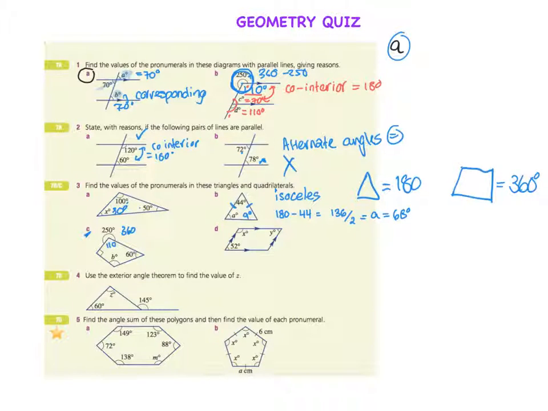What does this box indicate? 90. So we've got 90 plus 110, that's 200, plus another 60, that's 260. How much more do I need to get to 360? 100. So B equals 100.